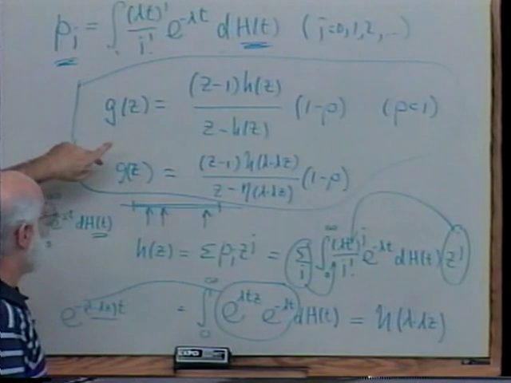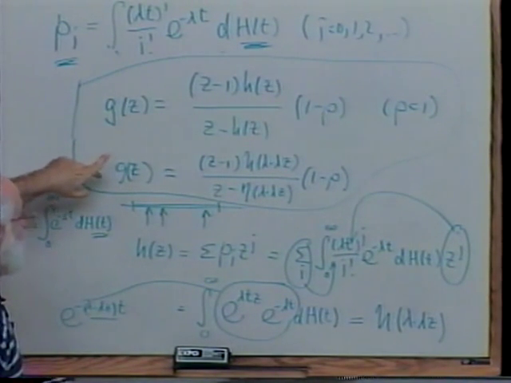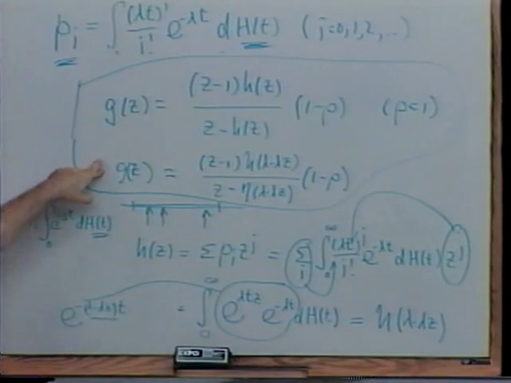Well, of course, we know that that's the same thing, by the arrival departure theorem, as the expected value of the number found by an arrival. And by PASTA, that's the same thing as the expected value of the number in the system as seen by an outside observer.